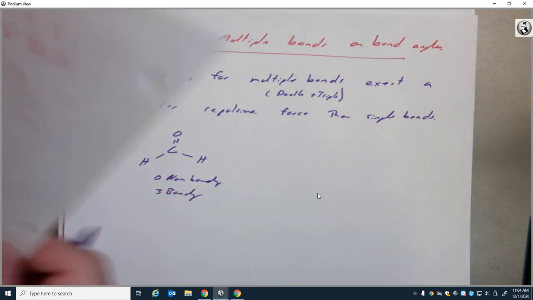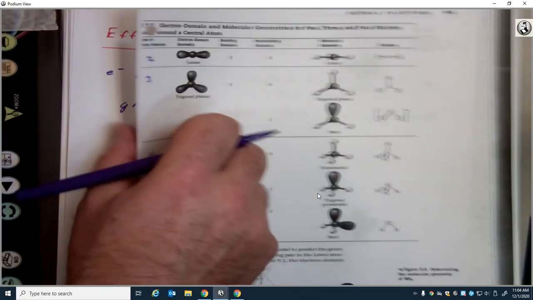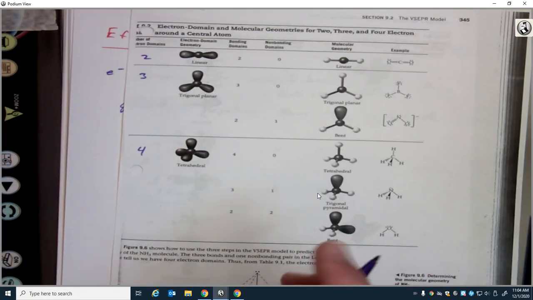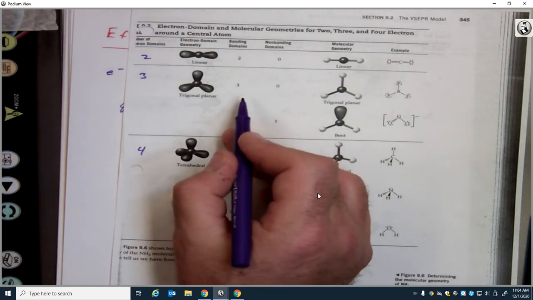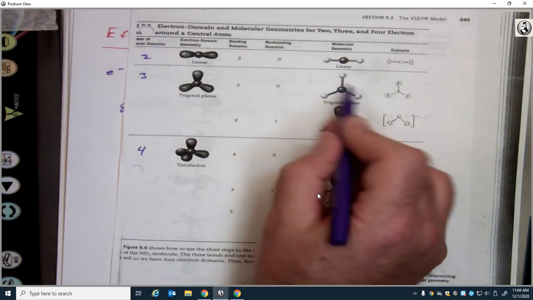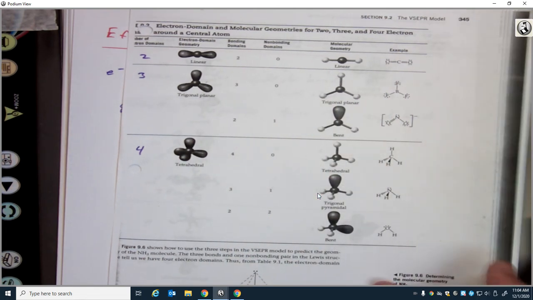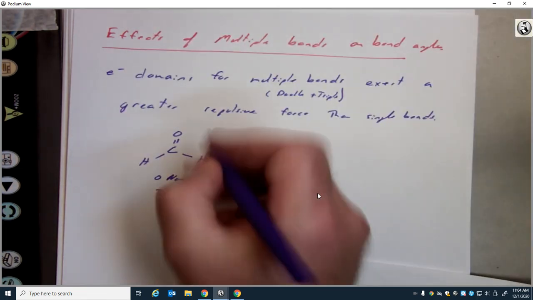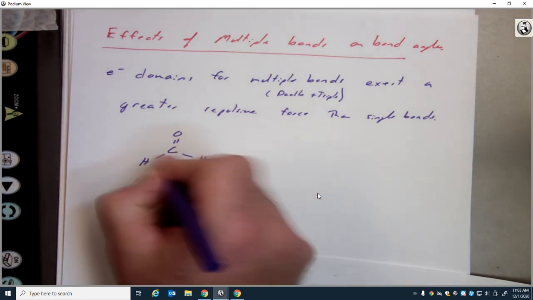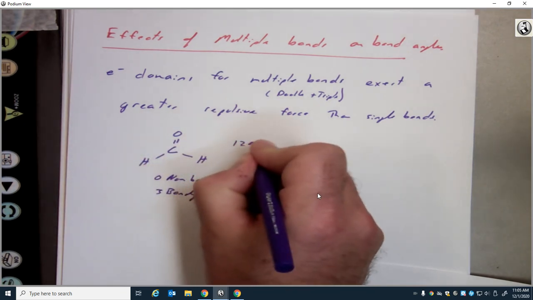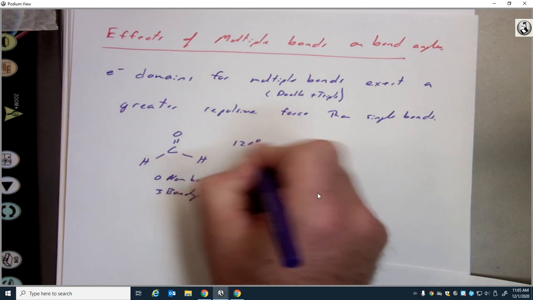So this should be trigonal planar. Okay, it should be trigonal planar. So we would think that these would all have 120-degree bond angles.